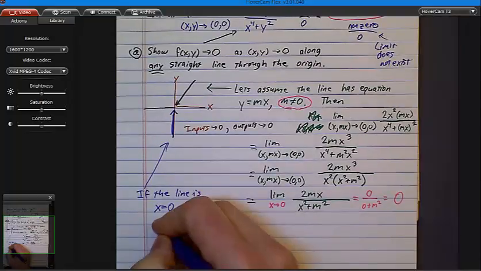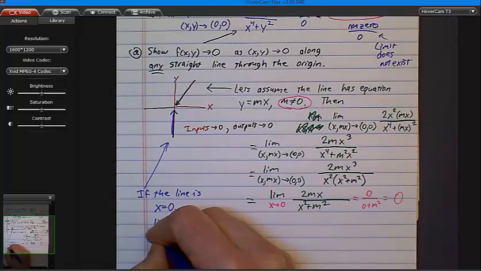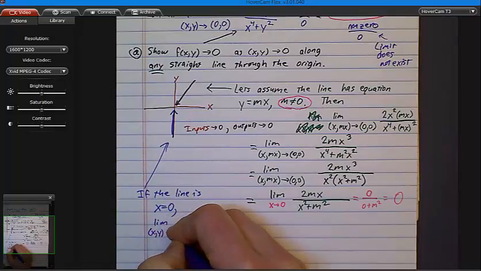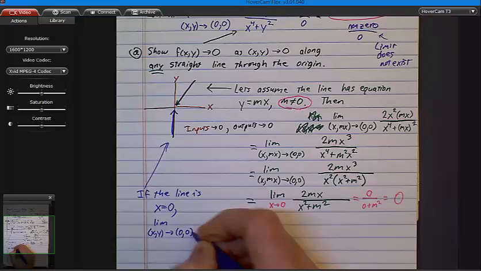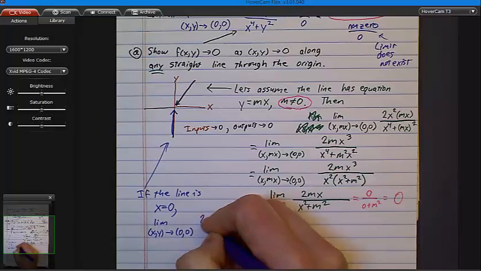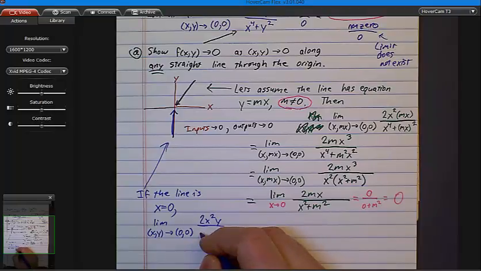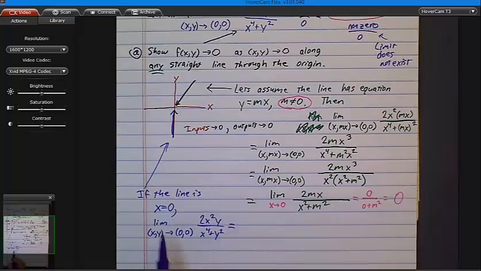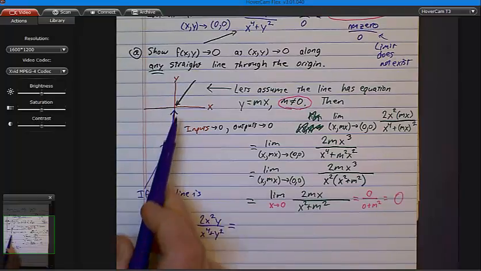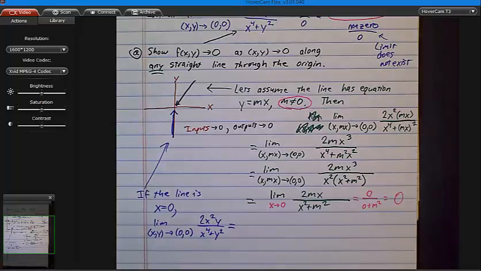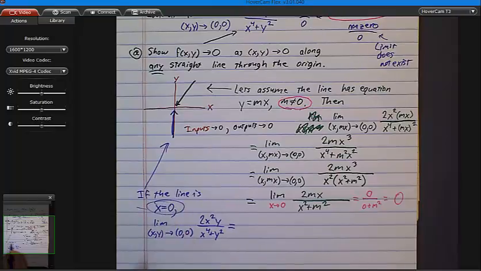Well then, let's see. Limit as (x, y) approaches (0, 0) of 2x squared y over, what is it? x to the 4th plus y squared. Well, first of all, if I'm on the y-axis, I know one of the coordinates already, because this line is x equals 0, right?